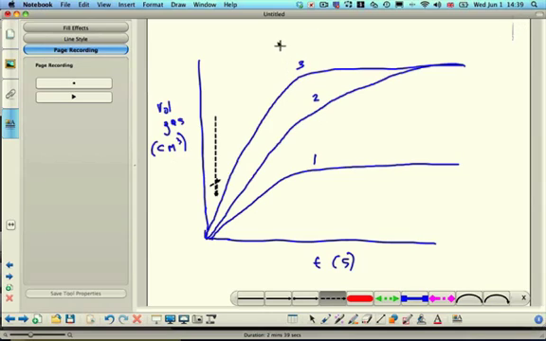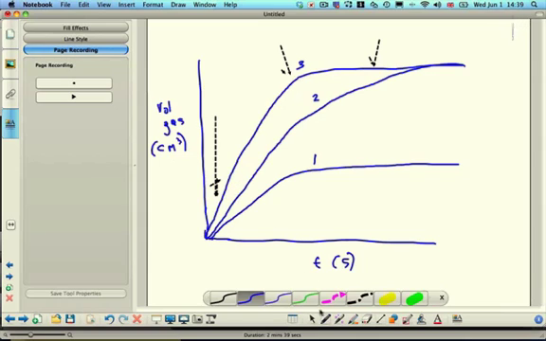Hopefully you can see that the gradient is not as steep here, and I have to stop drawing arrows because it's not very good. And the gradient here is 0. There is no gradient here. So the reaction is fastest here.